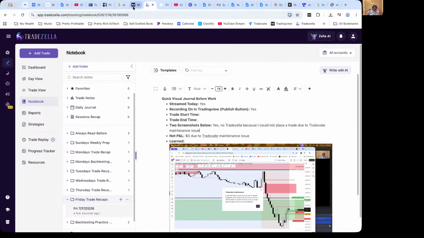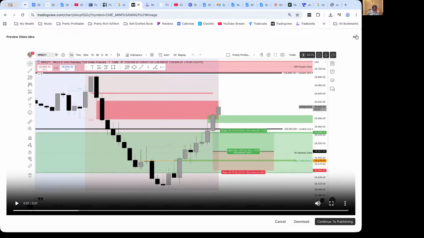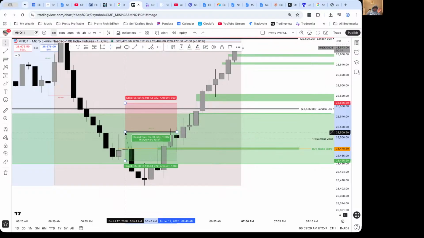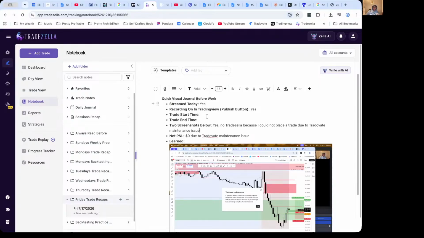What time did I get into this trade? This trade happened at 6:41. That's crazy, y'all, because it's 6:59. See, but I had it record on.